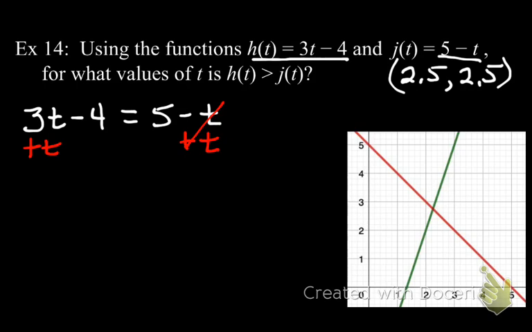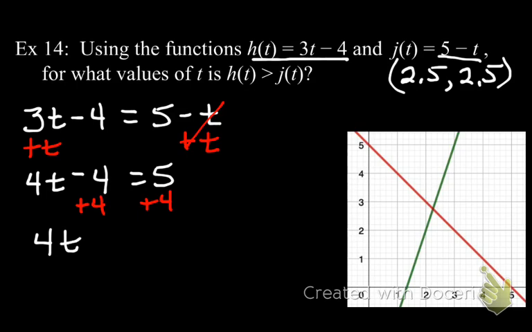Remember, that's a 1t, so 3t plus 1t is 4t, minus 4 equals 5. Then we cancel out this minus 4 by adding 4. That gives us 4t equals 9. Then we get rid of the 4 by division, and t equals 2.25.